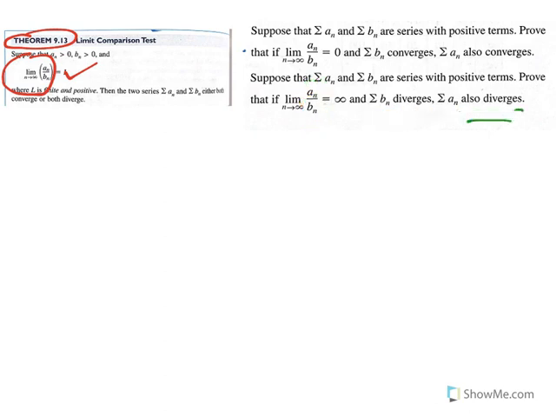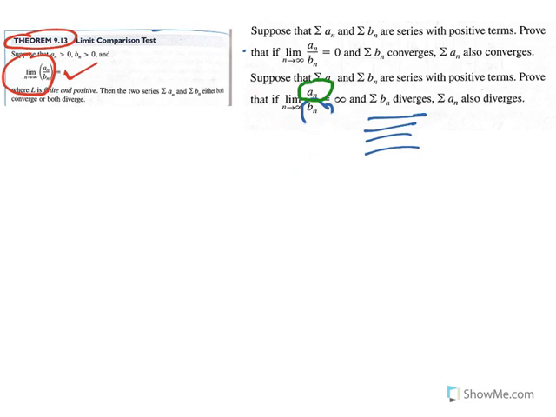And to justify this, you would go back once again to the direct comparison test, because we know with the direct comparison test that if you have a series that is known to diverge, and when you do a term-by-term comparison, you have a second series whose corresponding terms are larger than the corresponding terms of the divergent series, the series with the larger terms must also diverge.